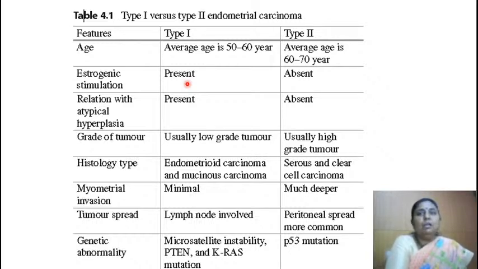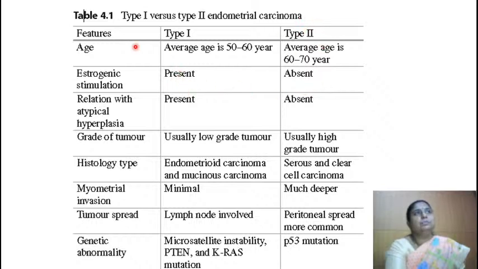It has an estrogenic phase and a progesterogenic phase. Here in the perimenopausal stage, most of the cycles are anovulatory cycles. Even after the cessation of the menses, there are a few cycles where there is estrogen production, but no progesterone production. So estrogenic stimulation is present in type 1 carcinomas. That is totally absent in type 2 carcinomas.